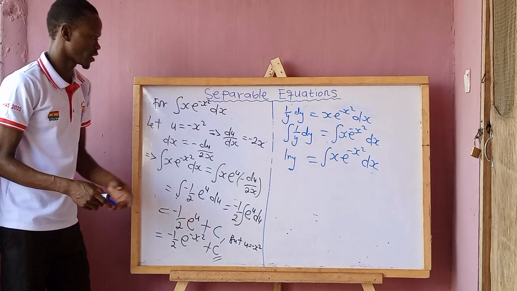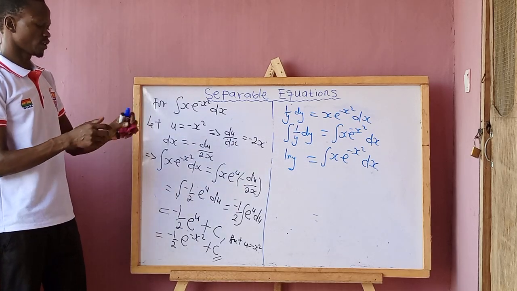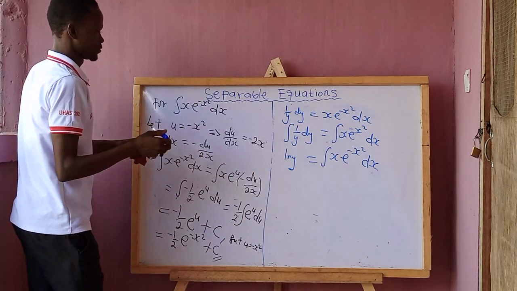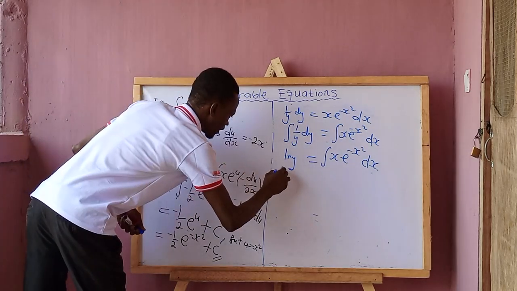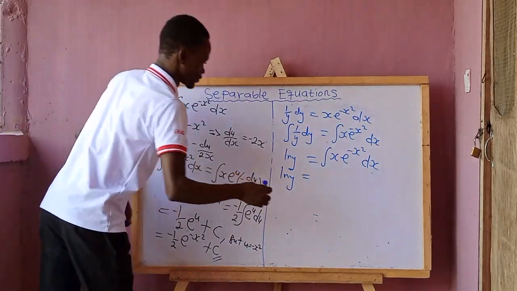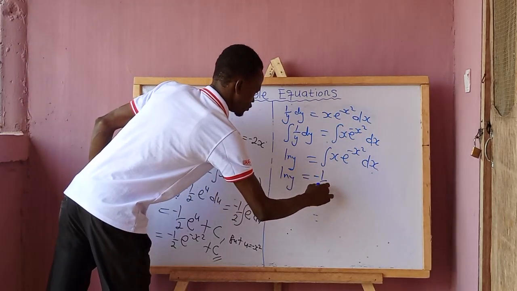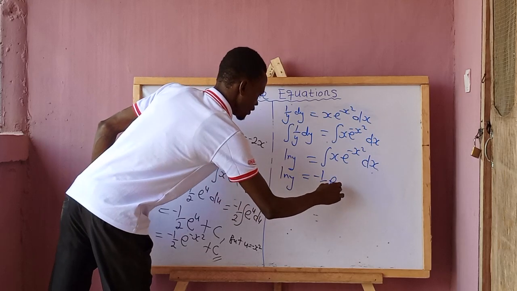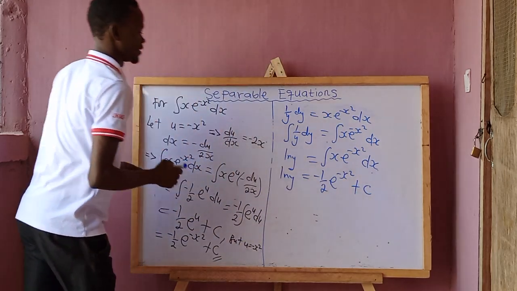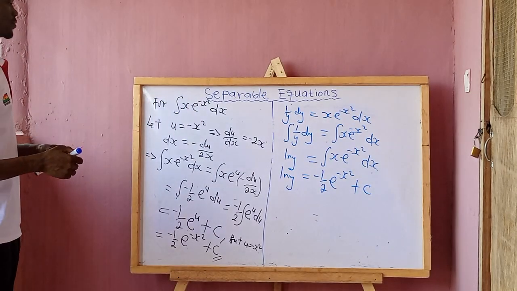We substitute it back into the equation, and we are going to have ln y equal to negative 1 over 2 e raised to the power negative x squared, plus c.